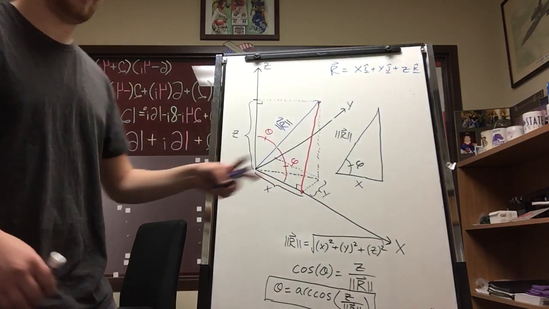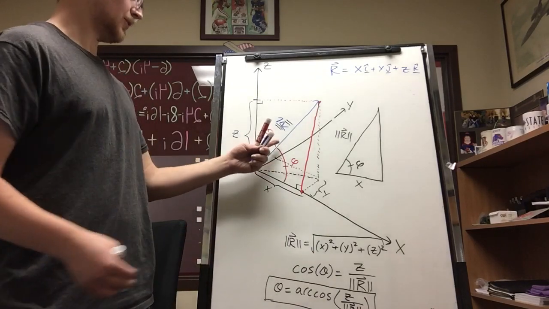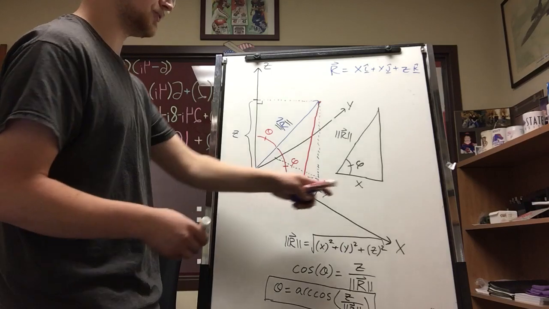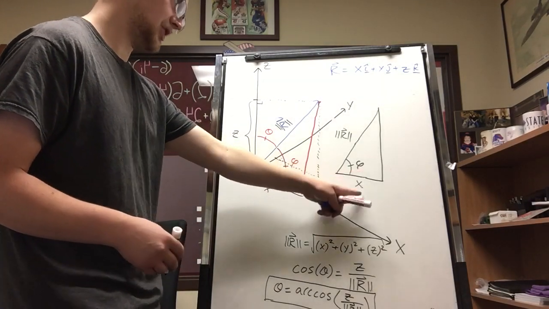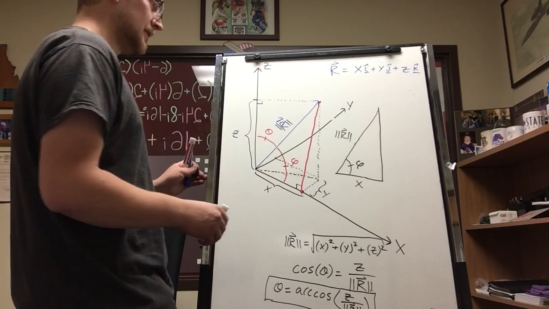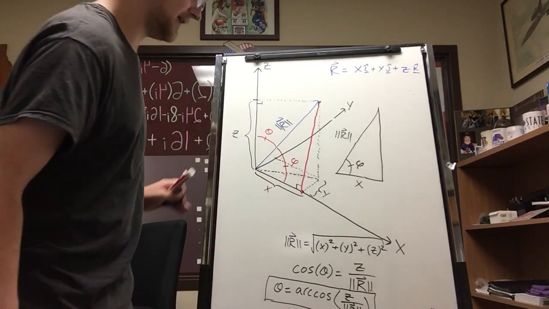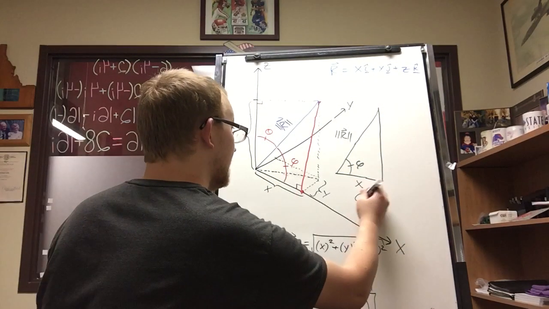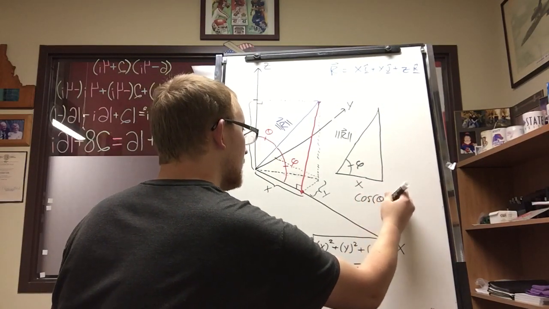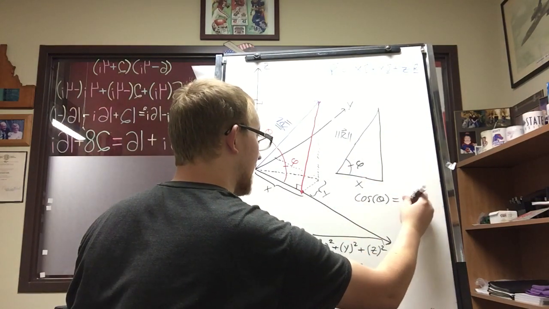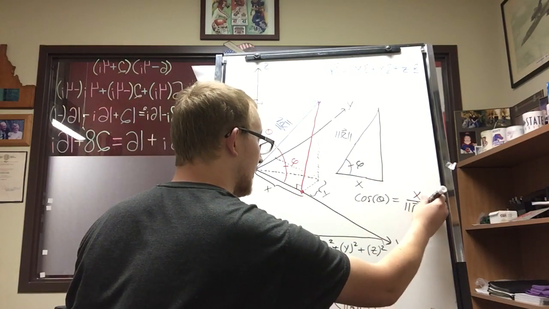So once again, if we wanted to solve for phi, or the angle that r makes with the x-axis, we would go ahead and use a relationship that relates adjacent with hypotenuse. And once again, that's cosine. So we're going to say that cosine of phi equals adjacent, which is the x, over the hypotenuse, which is the magnitude of r.